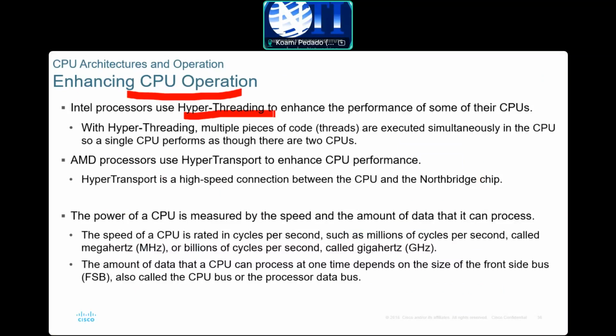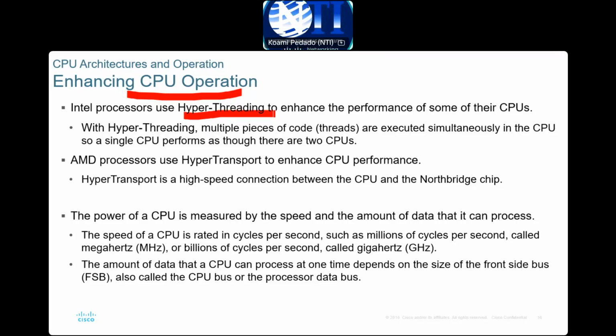With hyper-threading, multiple pieces of code are executed simultaneously in the CPU, so a single CPU performs as though there are two CPUs, and goes pretty fast. AMD uses HyperTransport to enhance the CPU performance. HyperTransport is the high-speed technology to do that.